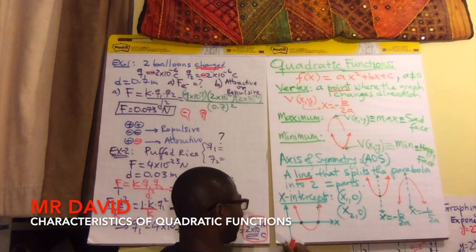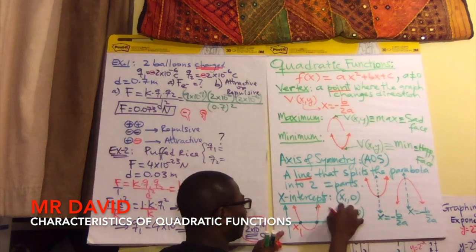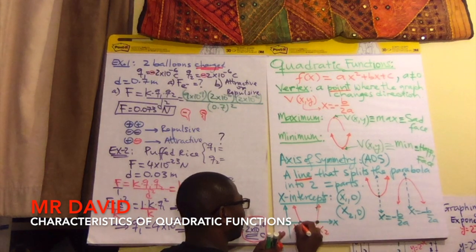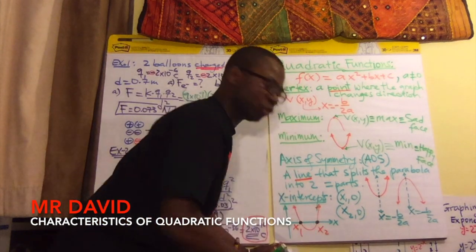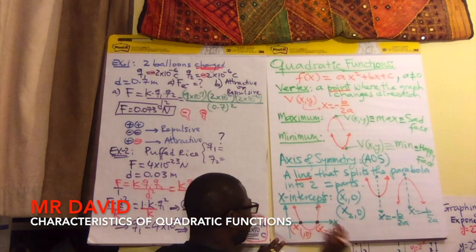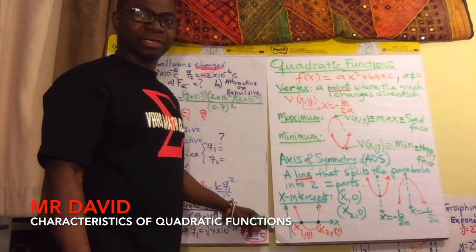This is my x1, and this is my x2. These two points: x1, comma 0, and x2, comma 0. I could just put the comma 0 here so we know, because it's a point. That's another characteristic.